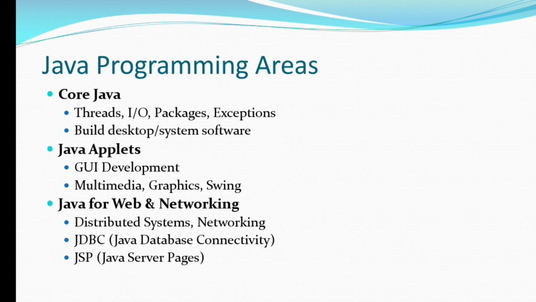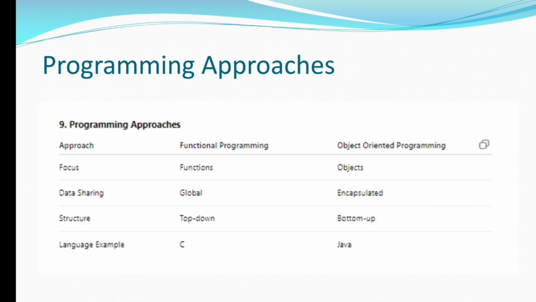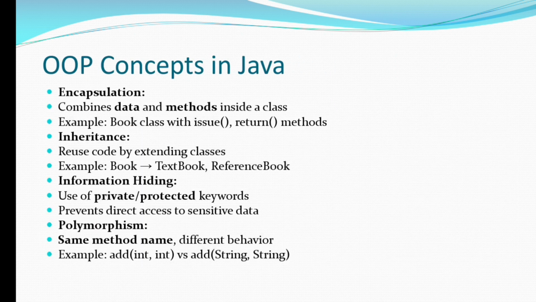Okay, what are the features of OOPS? We have encapsulation, inheritance, polymorphism, data hiding. Encapsulation means combining the data and the methods together in a single unit, in a single class. Inheritance means getting the properties, the data, from one class to another class. The advantage of inheritance is code reusability.